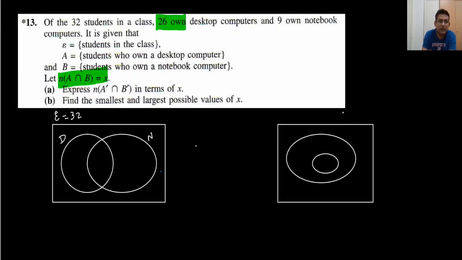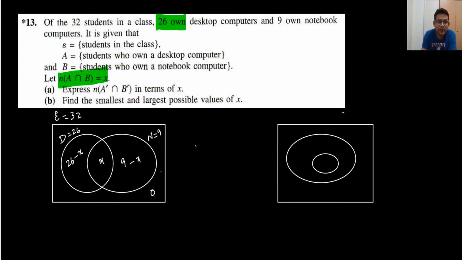Or this is x and this is 26 minus x. This is 9 and this is 9 minus x. And nothing is outside, so it means you can find a small value.